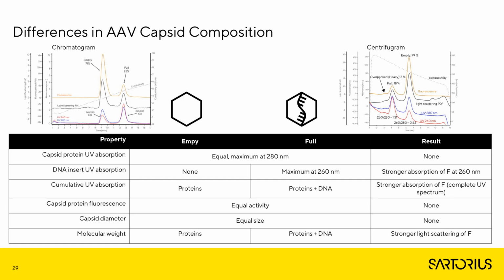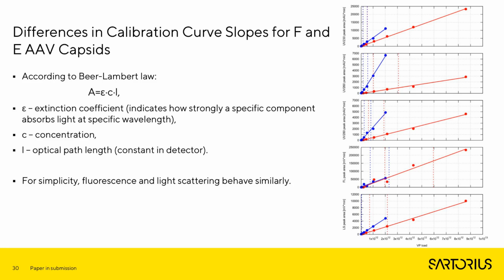And indeed, all these properties are reflected in the differences in the slopes of the calibration curves. So here we see that, for example, for the UV detector, full capsids, which are indicated in blue, are displaying stronger UV absorbance compared to the empty capsids, which are indicated by red lines.